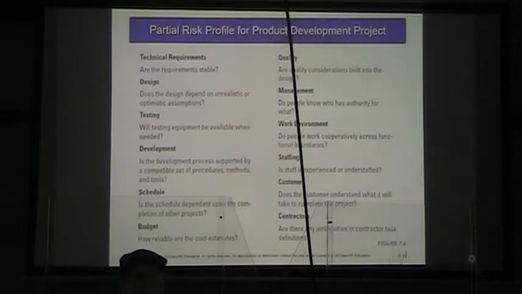More and more, management of projects and all kinds of other things are being systematized rather than just off the cuff. But we need to make sure, are our procedures, our methods, our tools up to date and ready to go for this project?